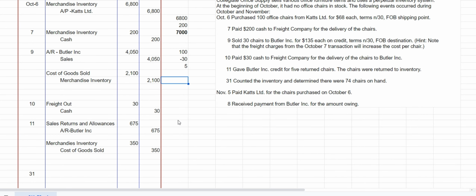You should have 75 chairs. But on October 31, it says there are 74 chairs. So 1 chair just disappeared. In this case, you again debit cost of goods sold and credit merchandise inventory.